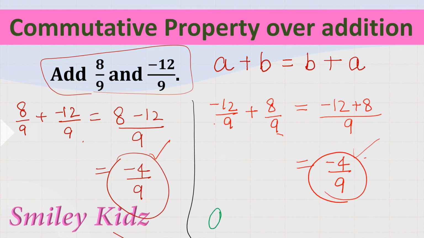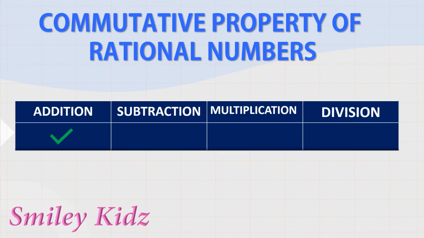So, a plus b is equal to b plus a. So, rational numbers satisfy commutative property over addition. We have filled the first block, that is, rational numbers are satisfied under addition.